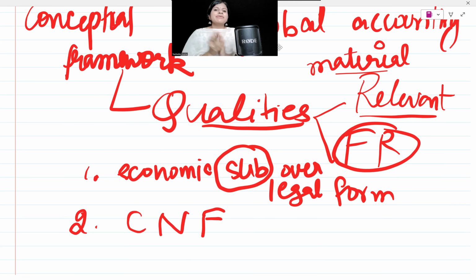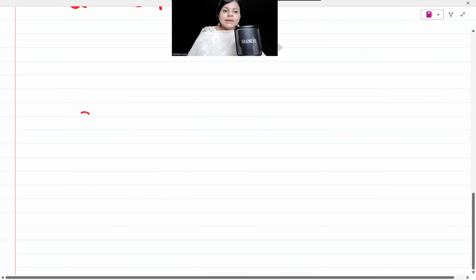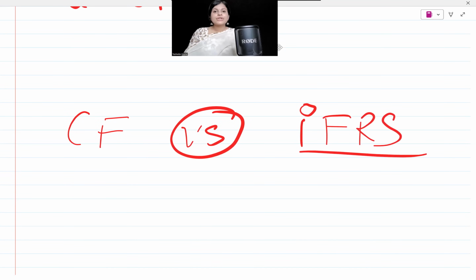So conceptual framework, more or less, just remains as a bedrock of IFRS, just like a moral science lecture. And the actual rule, the actual standard is your IFRS. So anytime there's a conflict between the conceptual framework and the IFRS, then your IFRS is going to win, right? So that's what is there in your conceptual framework, which is the source for IFRSs.